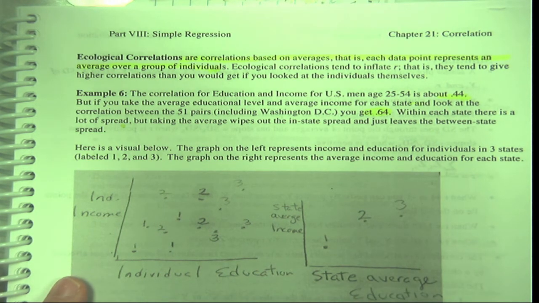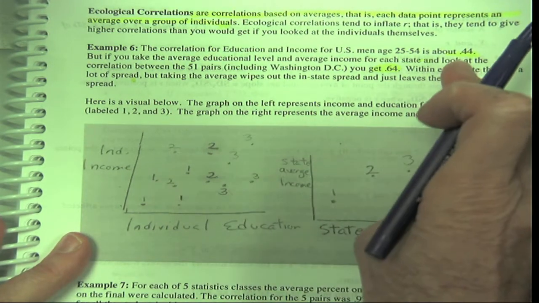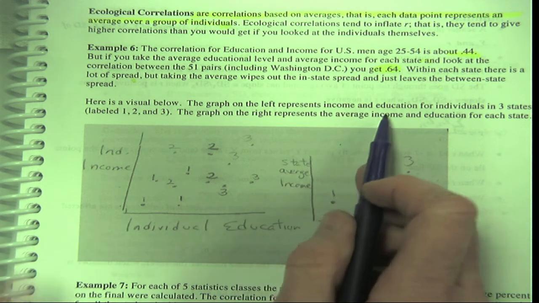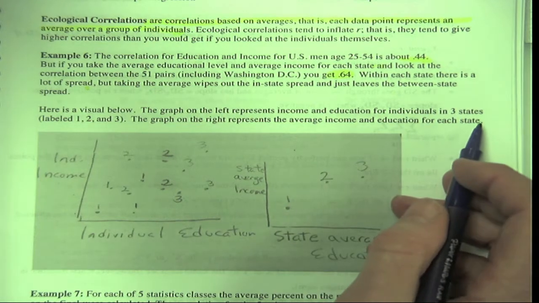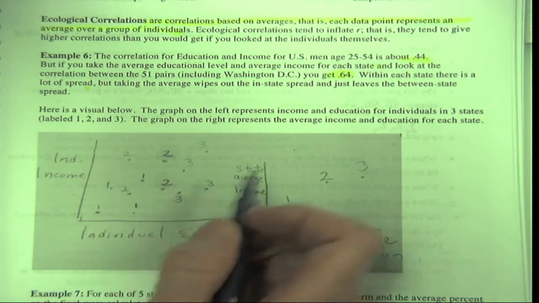So here's a very simplified version of this. It says the graph on the left represents income and education. It's just made up just to show you the point. For individuals in 3 states. Okay, so here you have the individual education, individual income for 3 states.